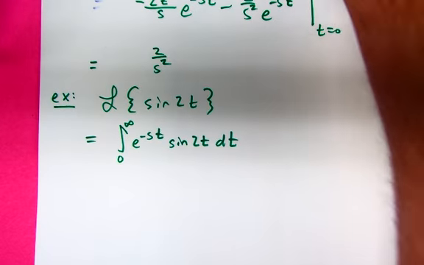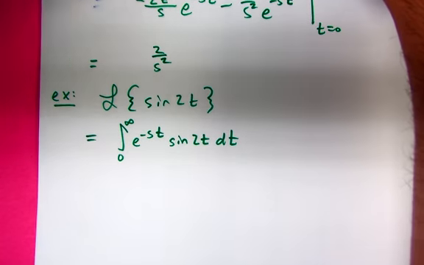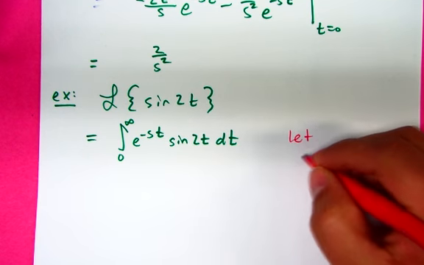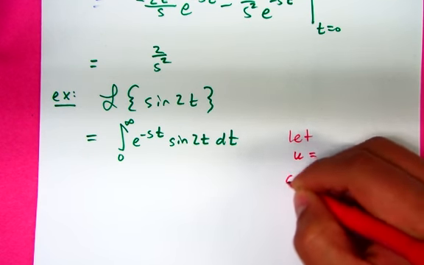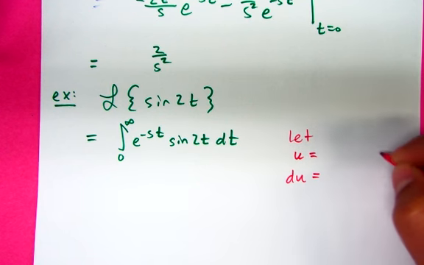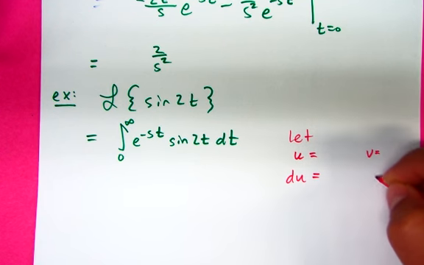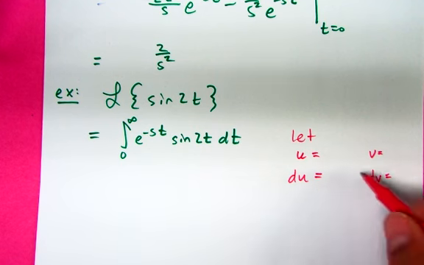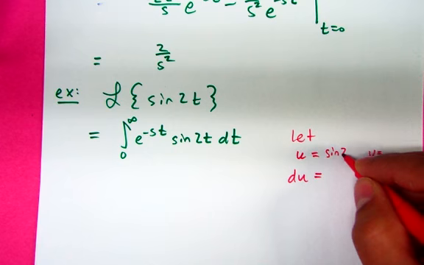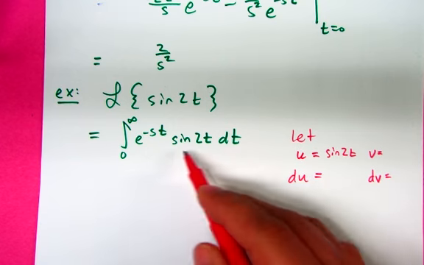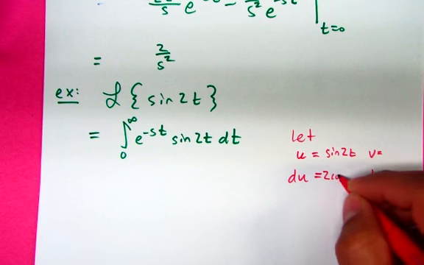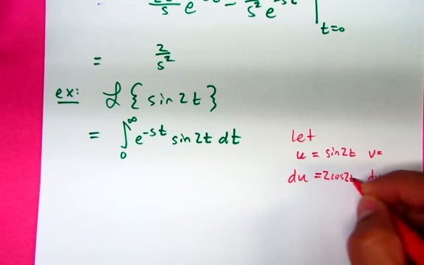So we need to identify these four things. I'll do sine 2t as u, so then du would be 2 cosine 2t dt.